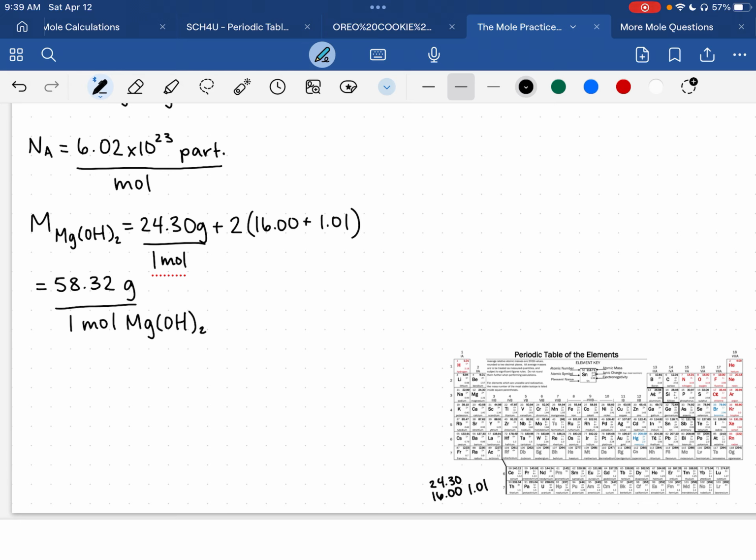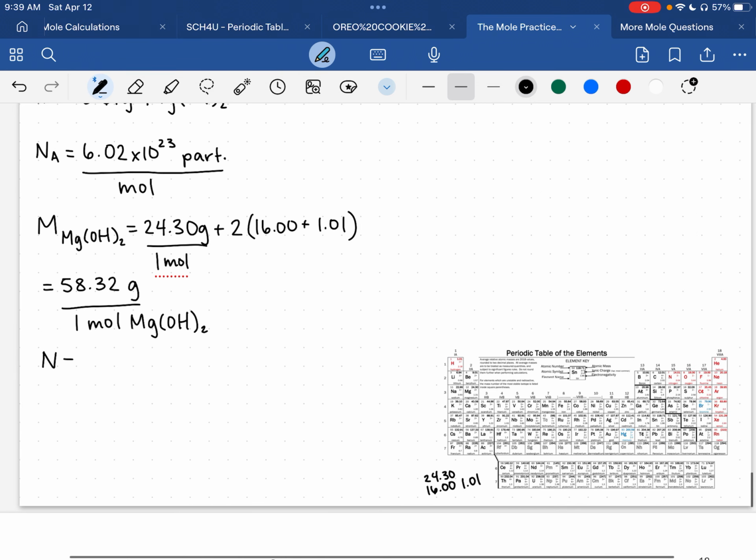So for every magnesium hydroxide particle, how do I want to write that? Sure, we'll use N. N of hydrogen per N of magnesium hydroxide.